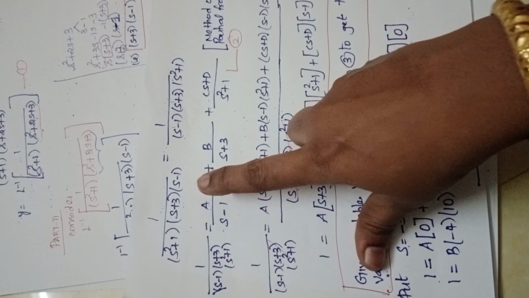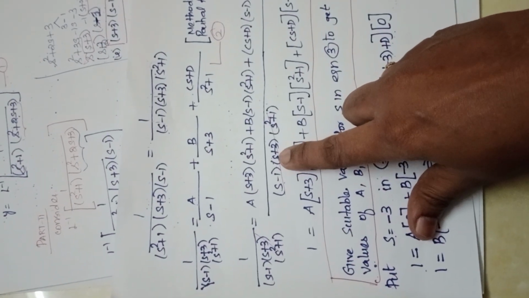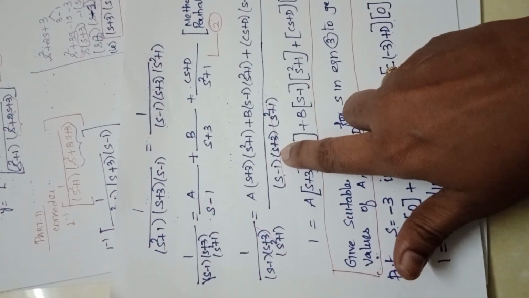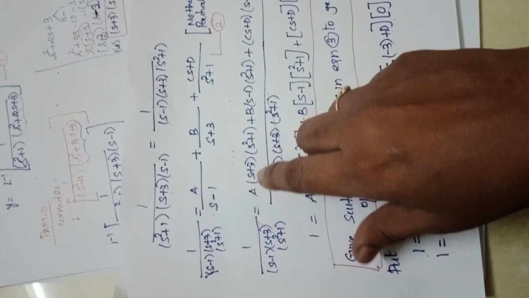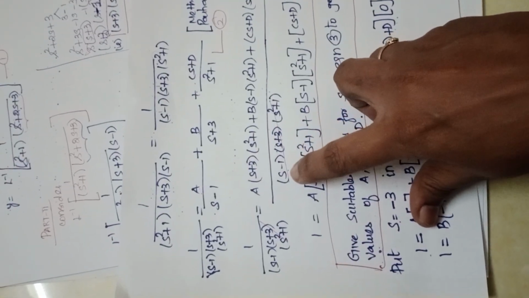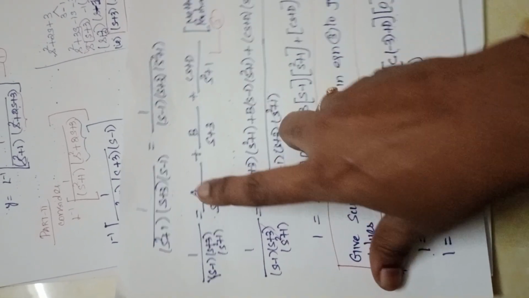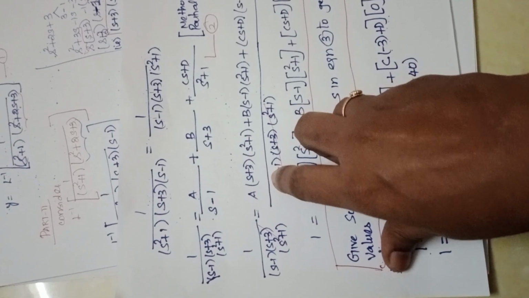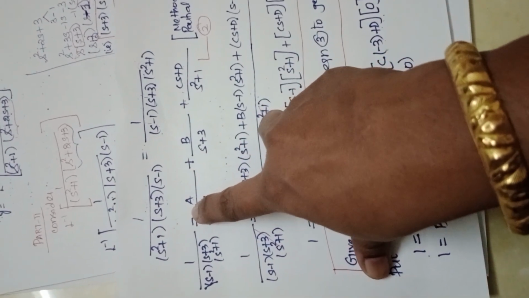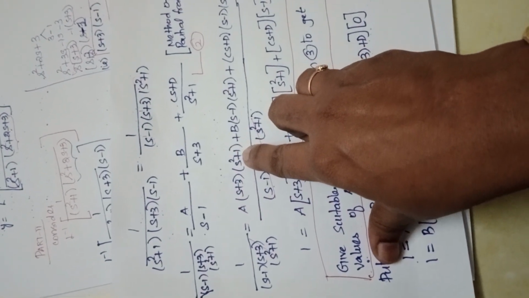Now in the numerator, you compare every fractional term with the denominator LCM. Whichever factor the denominator is missing compared with the LCM, that is multiplied with the constant. So first one, A by s minus 1 compared with the LCM: s minus 1 is present in the LCM, but s plus 3 and s square plus 1 are missing for constant A. So you multiply A into s plus 3 into s square plus 1.